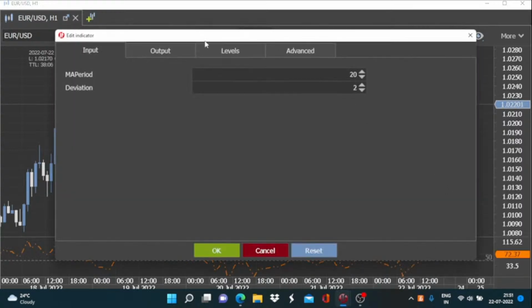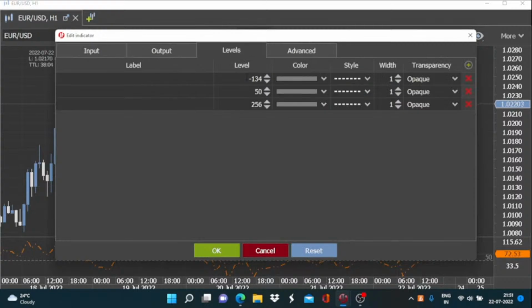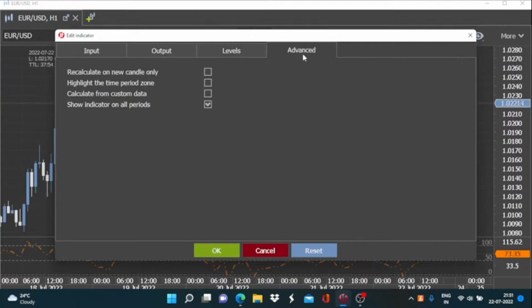Now I am going to restore these levels to the default combination of 0 and 100. The middle band remains where it is. All right, now what more can be done? We can define the recalculation of new candle to be done only when the new candle is plotted.